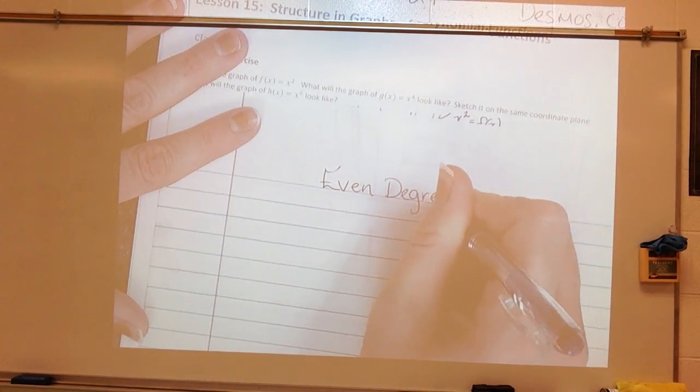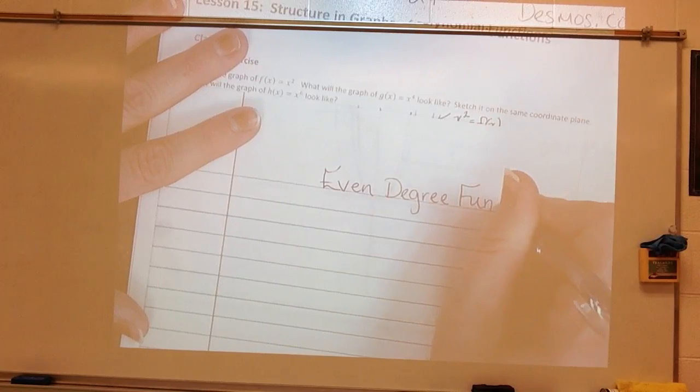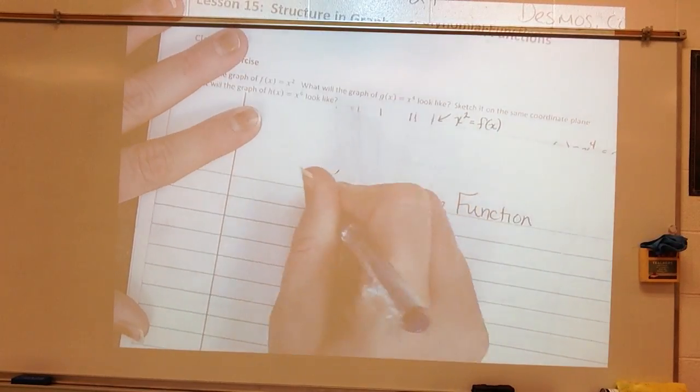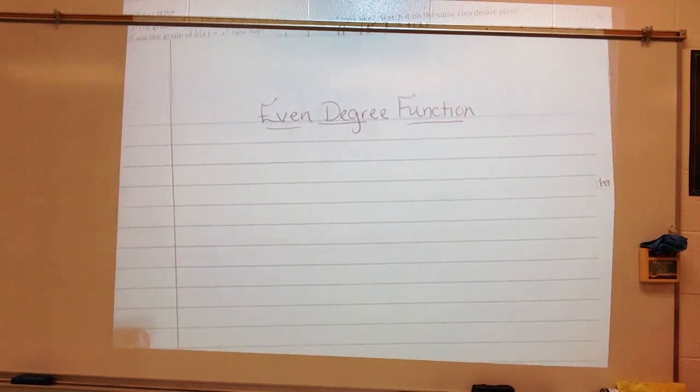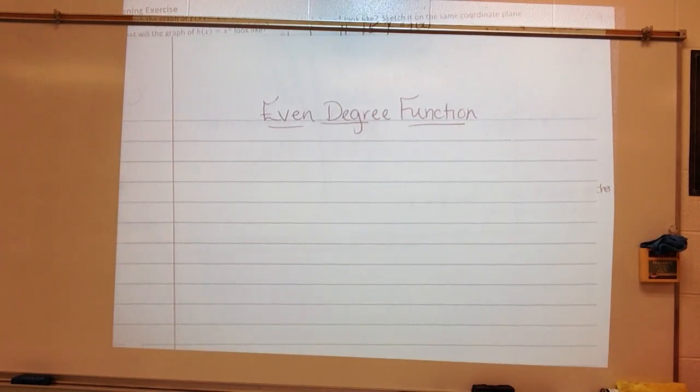Remember, I can look at the degree of a function by looking at the highest exponent. So if it's x squared, x to the 4th, x to the 6th, x to the 8th, then these are even degrees, okay?